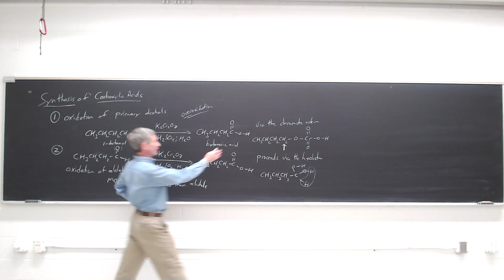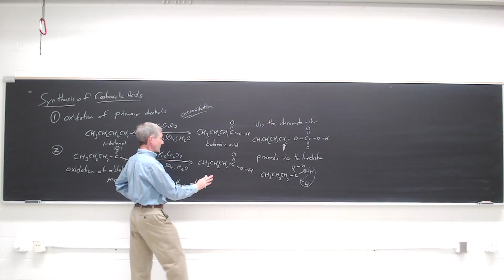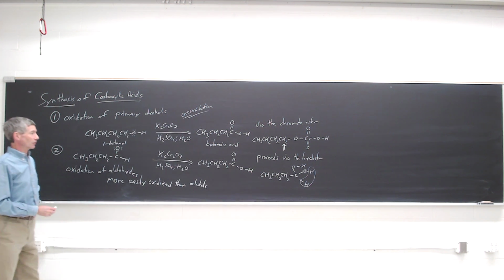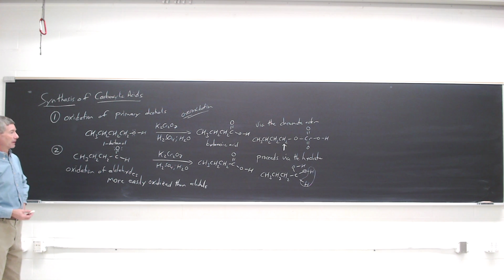So we go through the chromate ester here, and then we form the chromate ester of the hydrate and do a second E2 elimination. So in the end, what we get is the carboxylic acid.